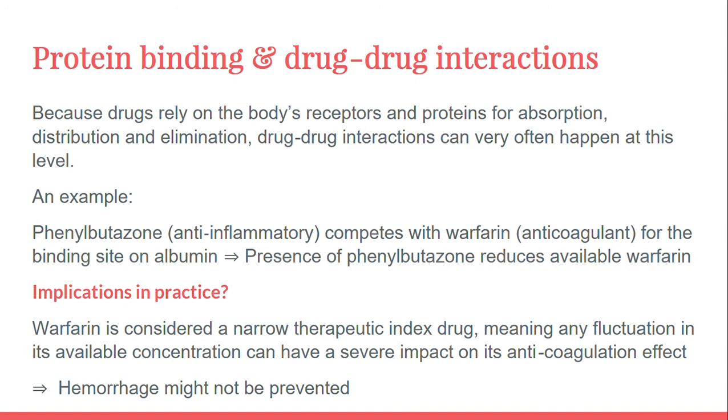Because drugs rely on the body's receptors and proteins for absorption, distribution, and elimination, drug-drug interactions can very often happen at this level. An example: phenylbutazone, an anti-inflammatory, competes with warfarin, an anticoagulant, for the same binding site on albumin.